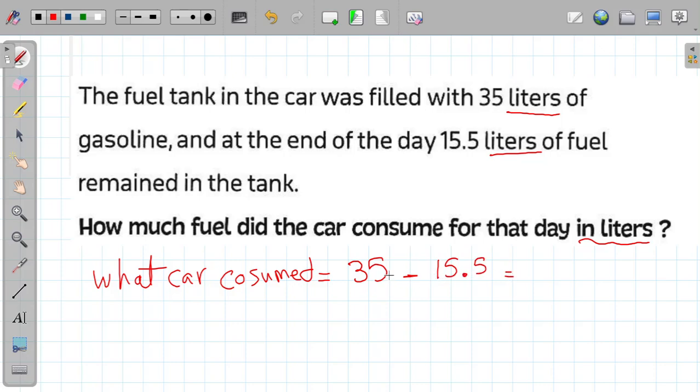So the first number, I don't have any decimal digits, and here I have only one decimal digit, so I will put the decimal point and just 1 0 here.